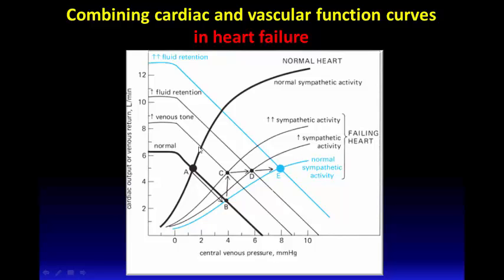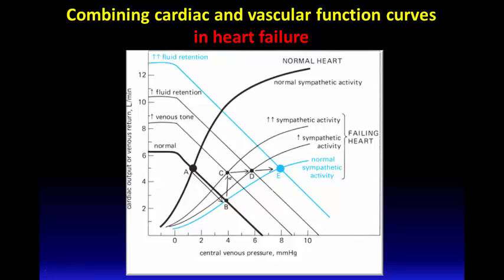So now, with compensation with increased sympathetic activity, the equilibrium point shifts up from B to C, and at this new equilibrium point there will be increases in both the cardiac output and the venous return, while the right atrial pressure is not increased further. This is good. This is good for the heart.